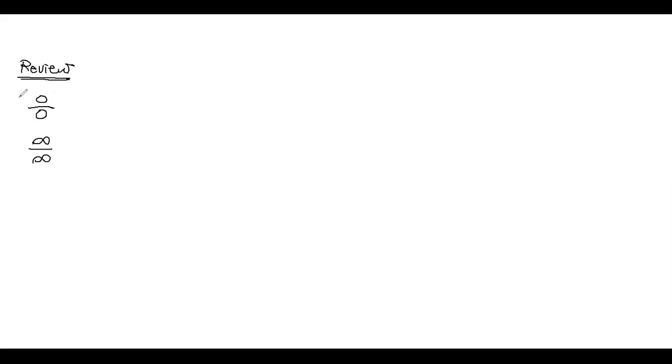Let's start with part A. This is the limit as x approaches infinity of natural log x over the square root of x. Remember, we talked about this in practice set number 1: you always plug in first.